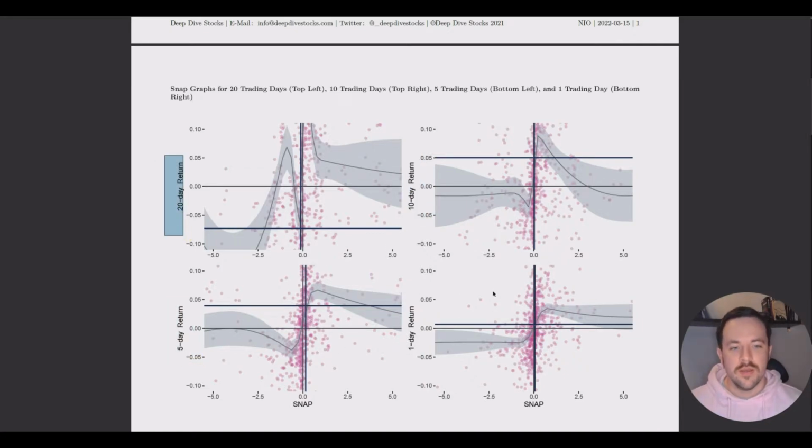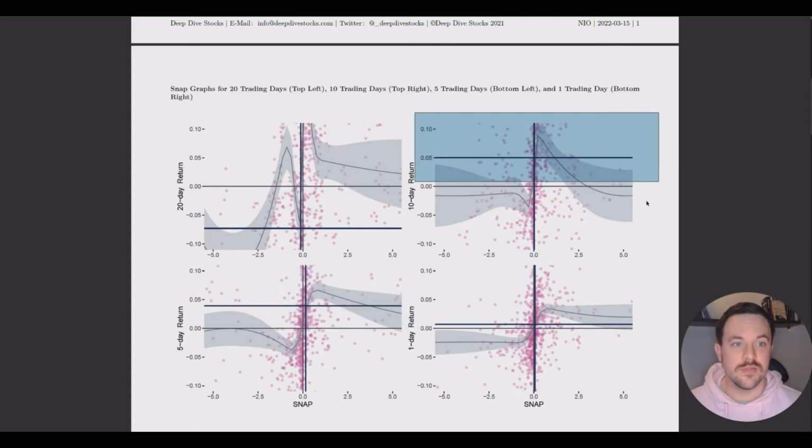We see that on the short term, we have positive predictions, so the crosshair is in the positive quadrant here. So we have positive predictions on the 1 day, positive predictions on the 1 week, or the 5 trading days, positive predictions on the 10 day, or the 2 weeks, 10 trading days.